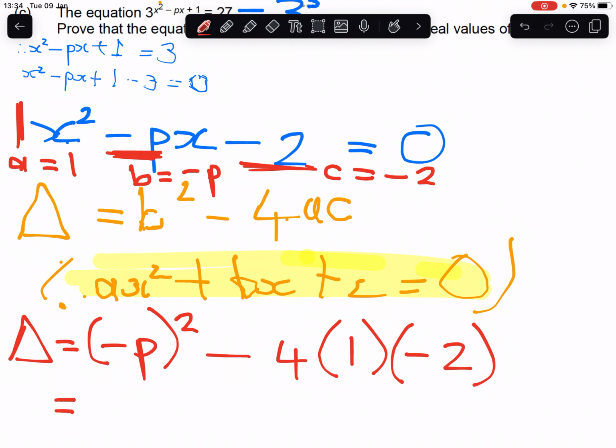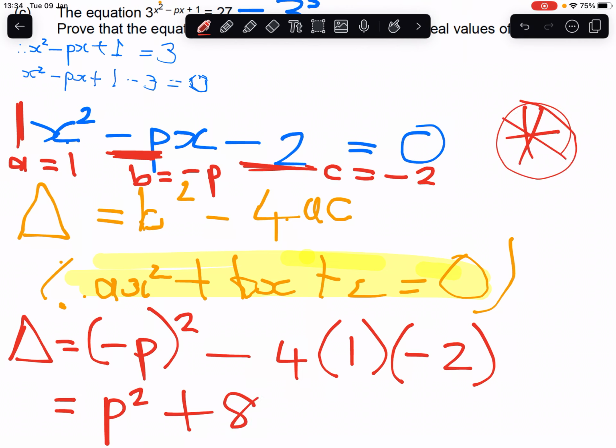Right, and that gives us minus p times minus p will give us positive p squared, and then we have 4 times 1 times negative 2, which is negative 8. So minus negative 8 is the same as adding 8. Right, so this is the discriminant for this quadratic equation.